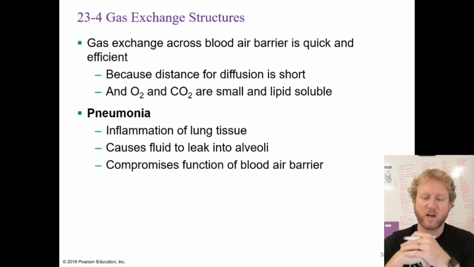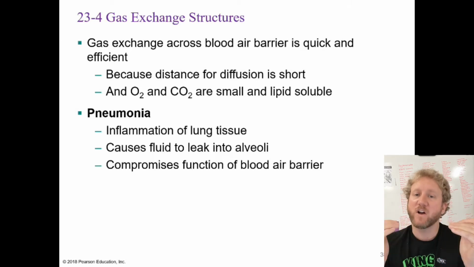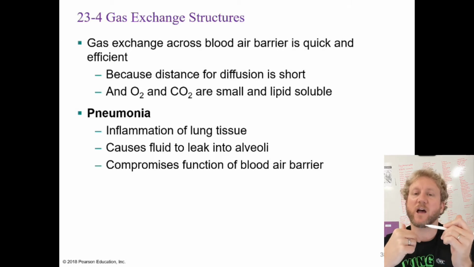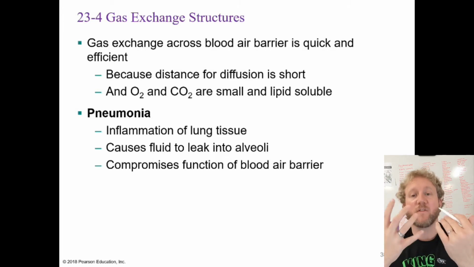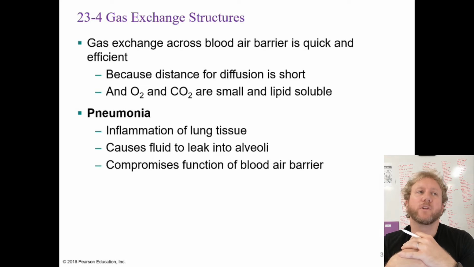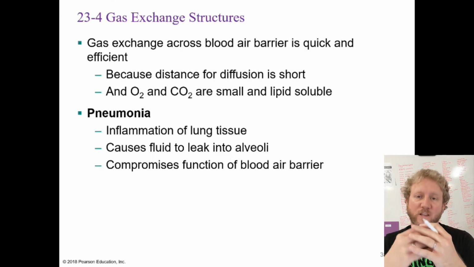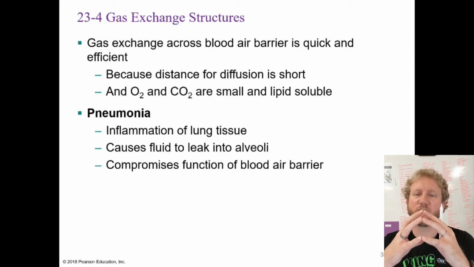And this compromises the blood-air barrier's function, so oxygen is not allowed to come in, carbon dioxide is not allowed to come out. If you've ever had pneumonia or known somebody who's had pneumonia, it's characterized by having trouble breathing. So kind of similar to that bronchitis feeling, it kind of feels like somebody's sitting on your chest because those passages are filled with fluid.